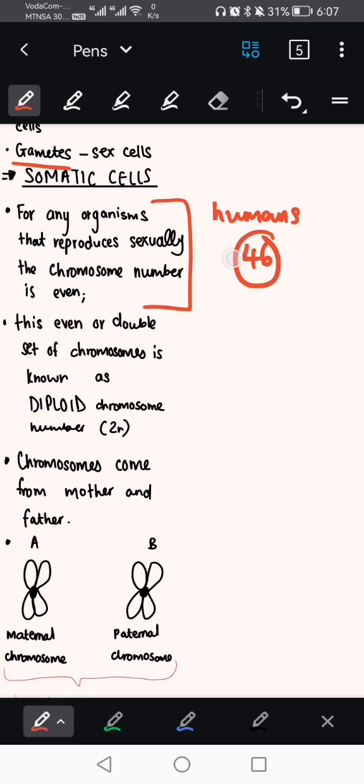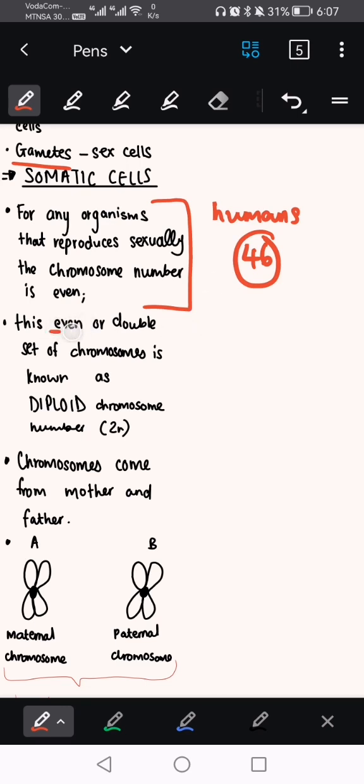Dogs have even, cats have, mosquitoes, birds all have even chromosomal numbers, right? Things that won't are things, for example, like amoeba, because of binary fission, because that is asexual reproduction. But if it's sexually reproduced, it will have an even number of chromosomes, right?